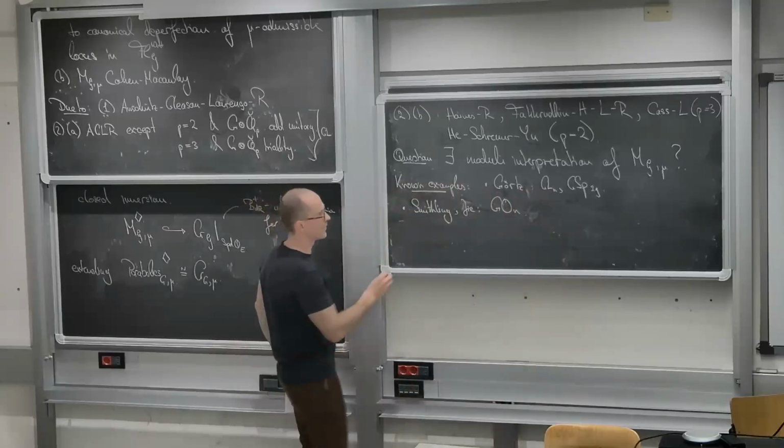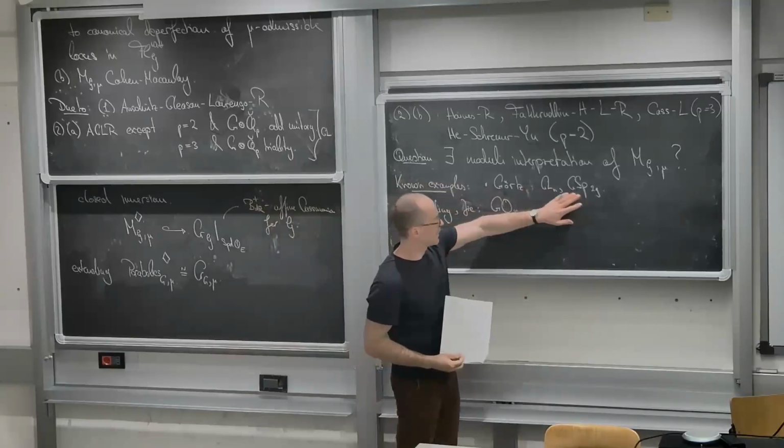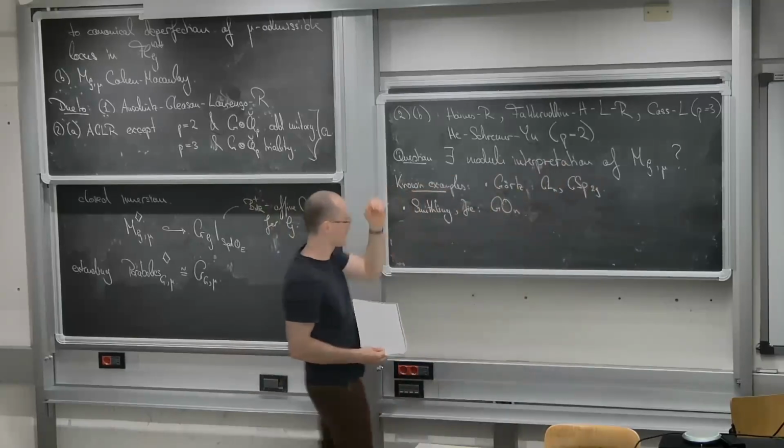But I should say here, so for the GLn and the symplectic group examples, this works out nicely. There are moduli descriptions of this.